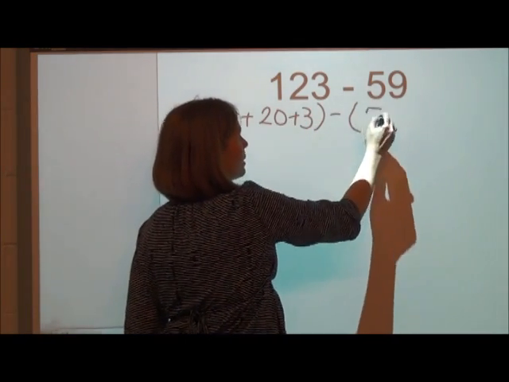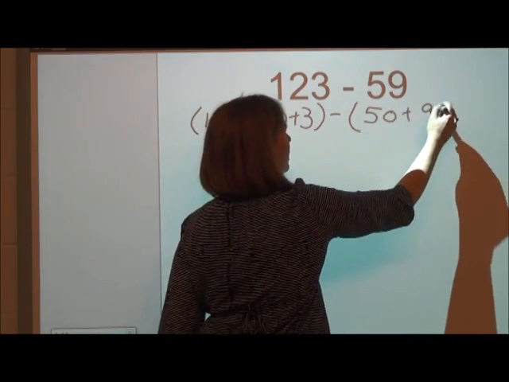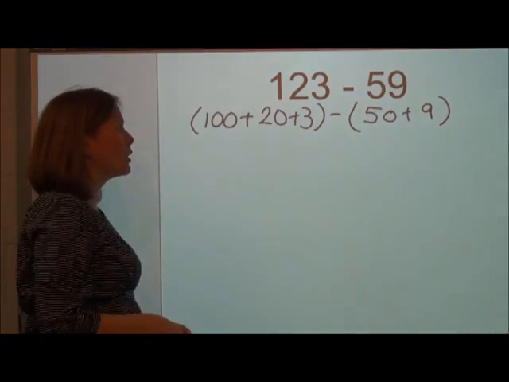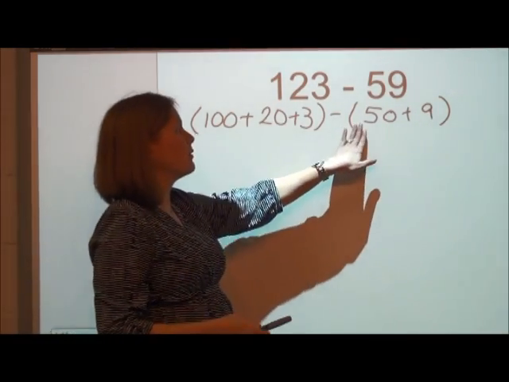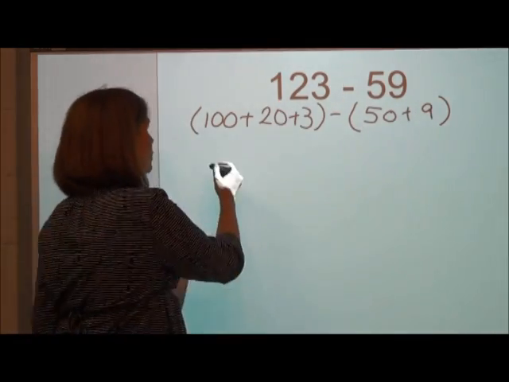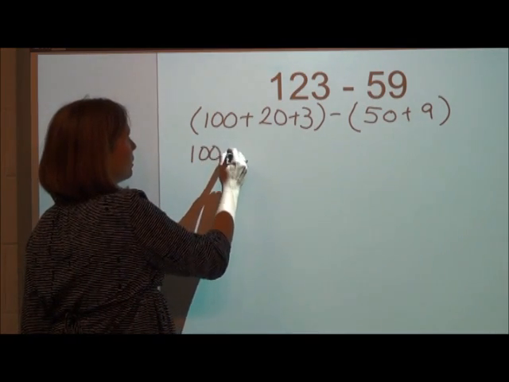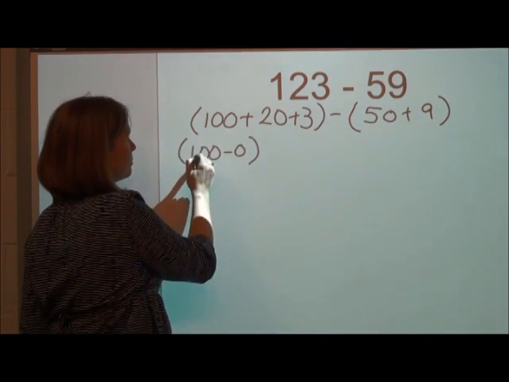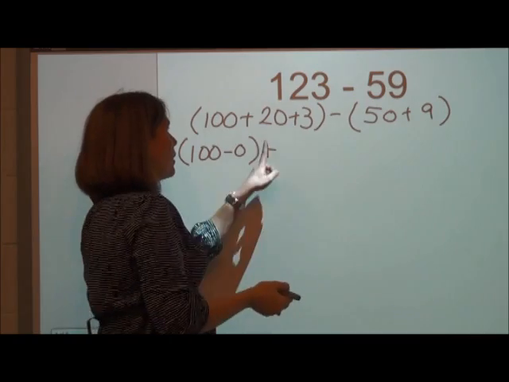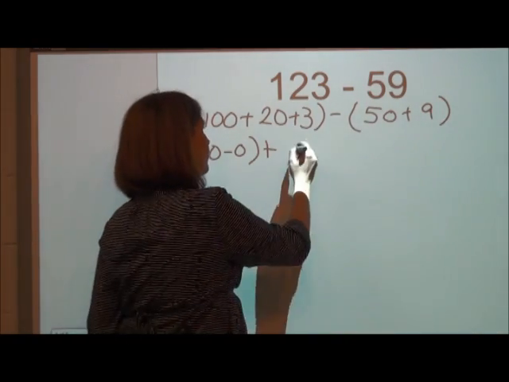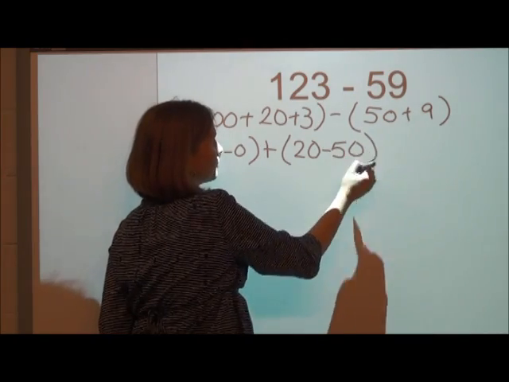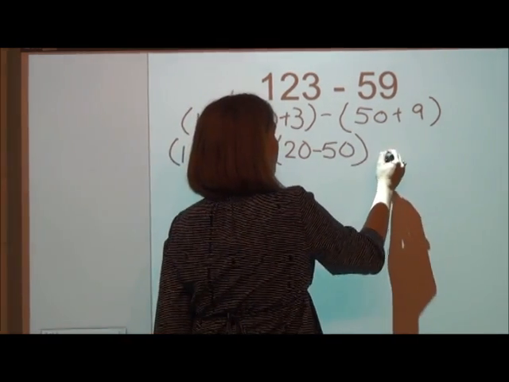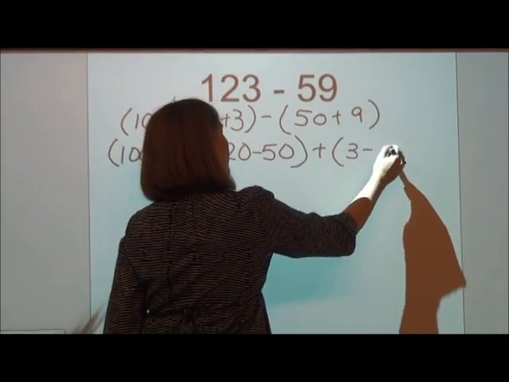And our 59 is going to be 50 plus 9. Now we're going to bring like place values together. We don't have any hundreds in 59, so we're just going to do 100 minus 0. Then we have 20 minus 50. And last we have 3 minus 9.